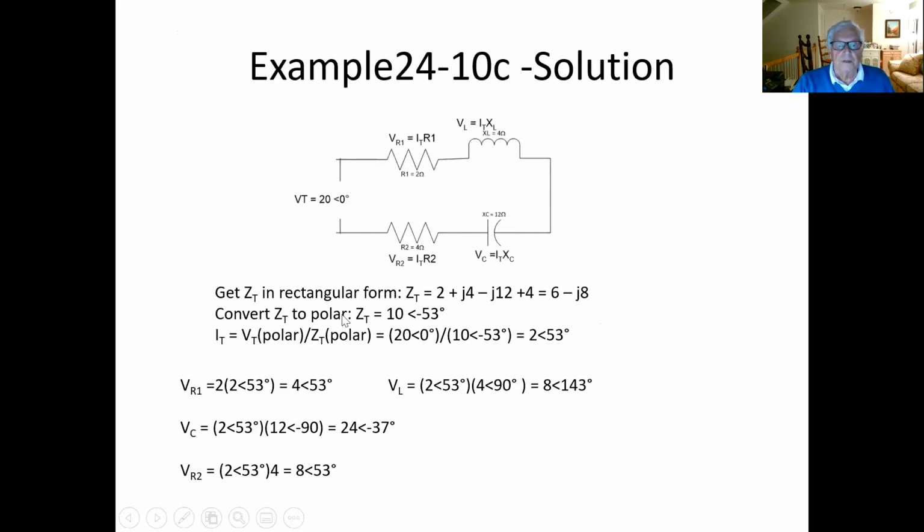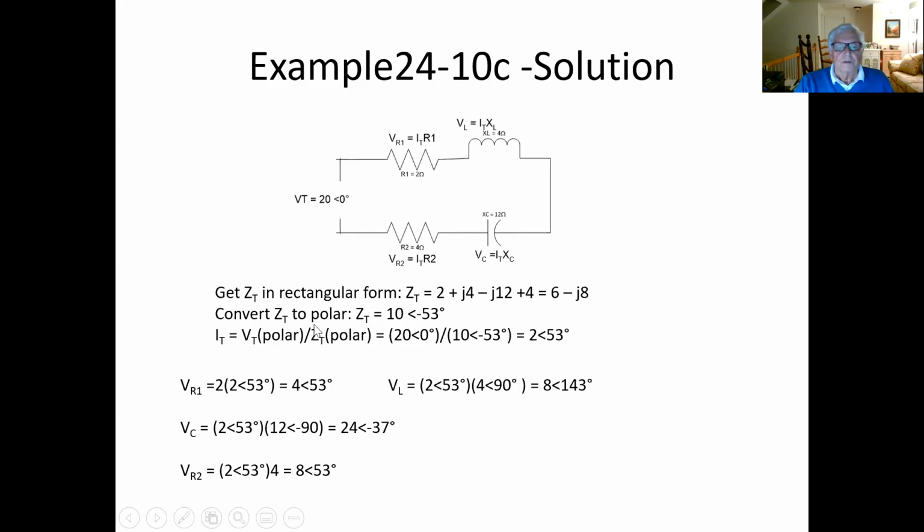So for ZT, we can do that arithmetically. We add all the resistor values, 2 and 4, to get 6. Then we've got a 4 ohm inductance and a 12 ohm capacitance, giving us a net of 8 ohm capacitance.